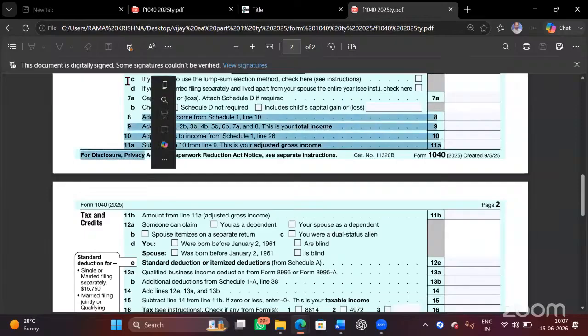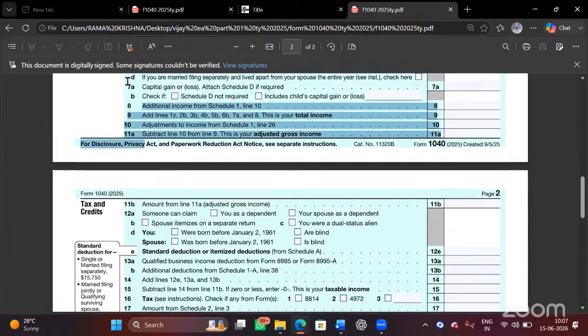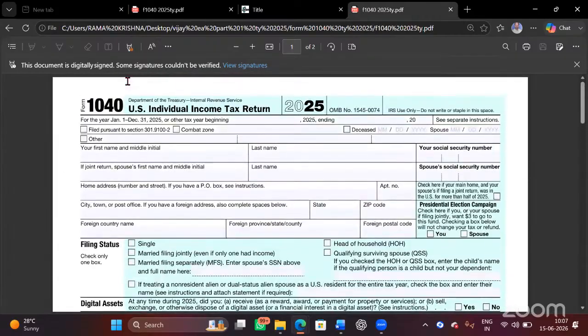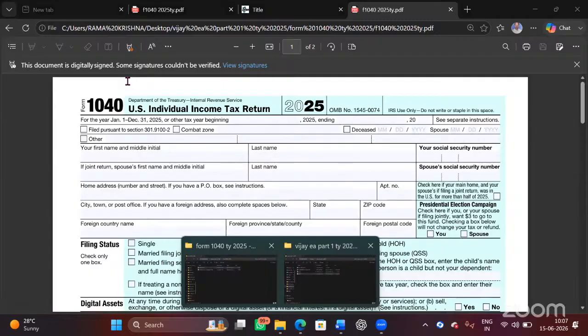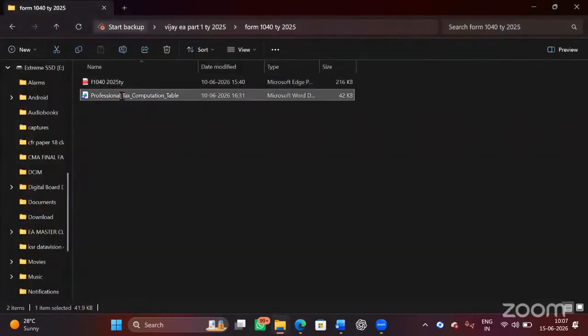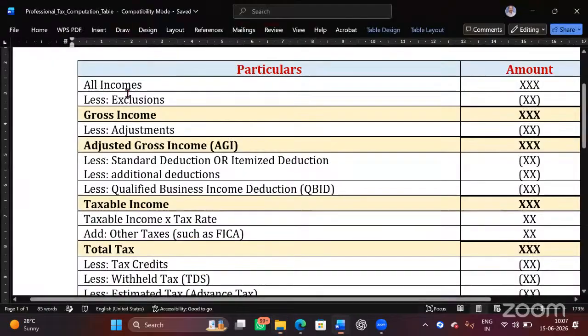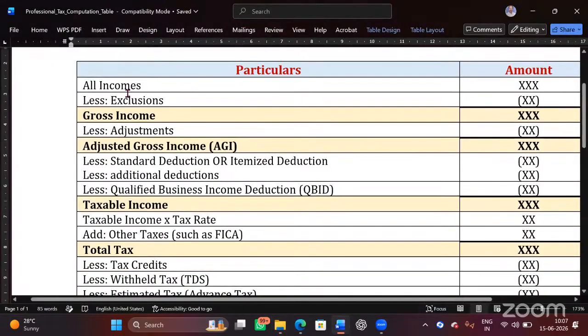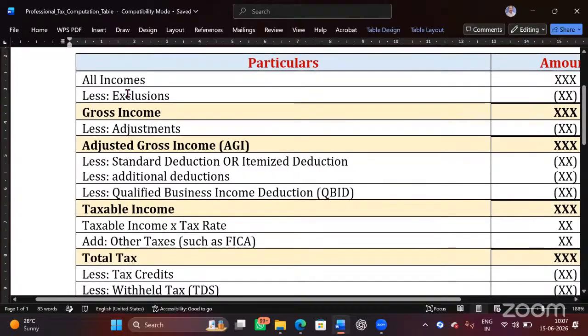So in Form number 1040, item number 10 is adjustments. In our view, less adjustments, refer to Schedule number 1, on which part you need not pay tax at all. Then the balance amount is technically called adjusted gross income.